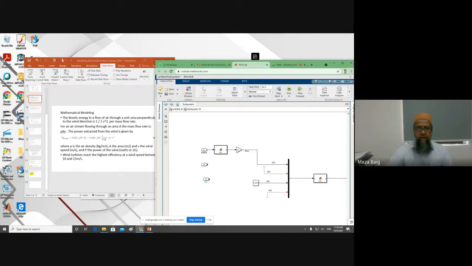So we got area here. Now the second thing is v, wind speed. That will be v cubed.